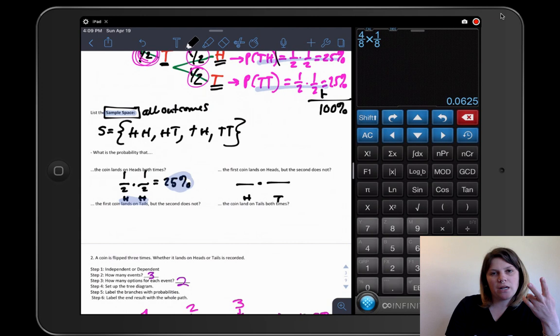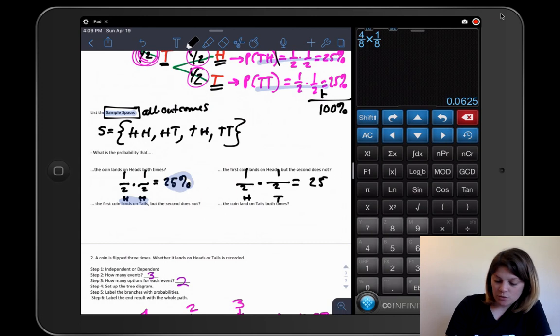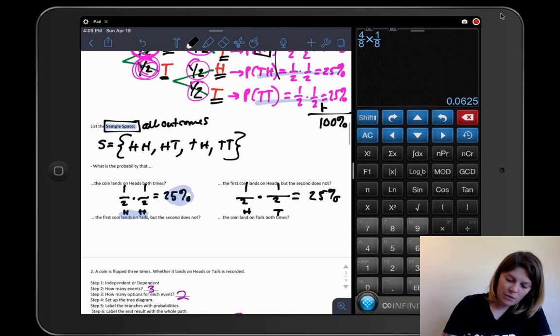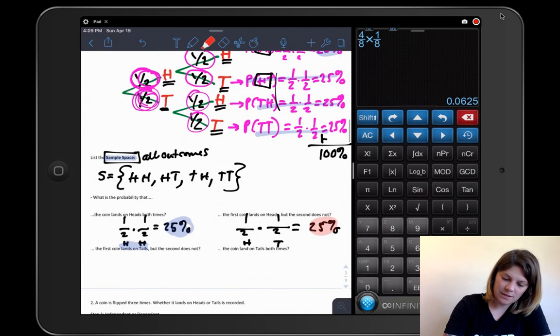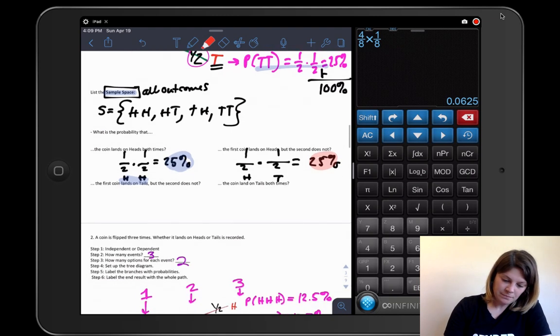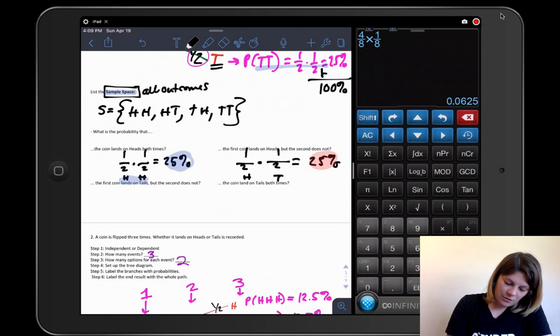It's either heads or not heads, which is tails. And we know that all the probabilities are the same in this scenario, and it's 25%. If we wanted to make a connection to our tree diagram, we know that this represents this second probability here, HT.